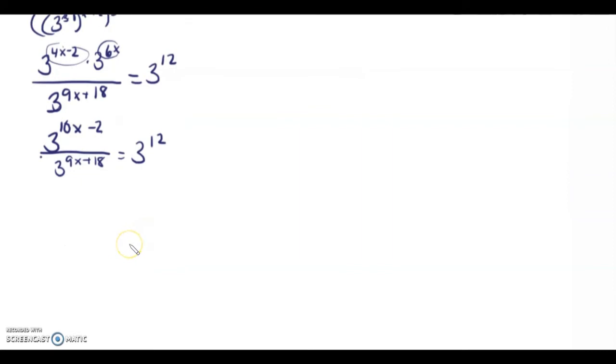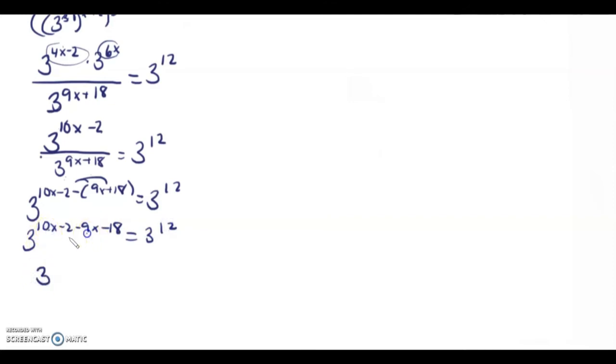Okay, so what I'm doing here is we're dividing two numbers, so we're going to subtract the exponents. So I have 3 to the 10x minus 2 minus 9x plus 18. And remember to put that in brackets because we're distributing that negative sign in there. So in other words, 10x minus 2 minus 9x minus 18 is the exponent.